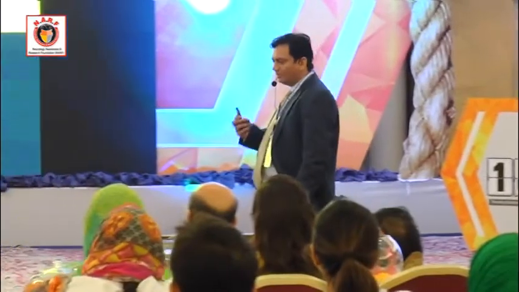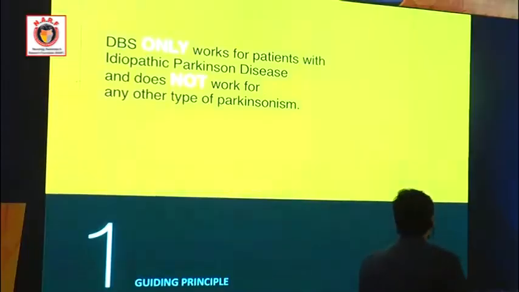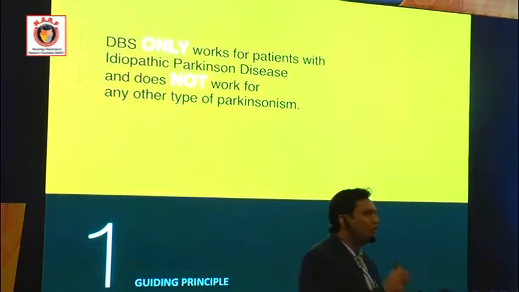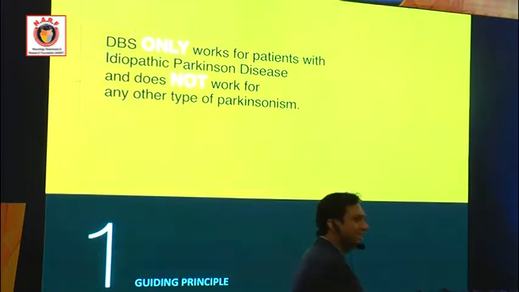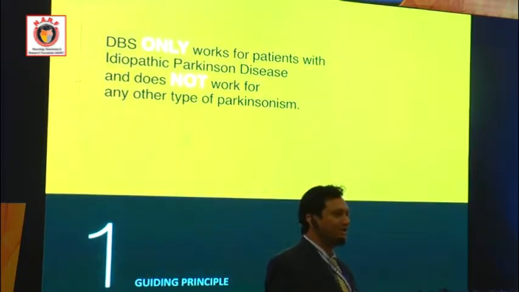Very good. So remember 3 guiding principles about DBS. I have spent years of training to boil it down to this simple answer for you. 3 guiding principles. Remember that. Principle number 1, DBS only works for patients with idiopathic Parkinson's disease and does not work for any other Parkinsonism.